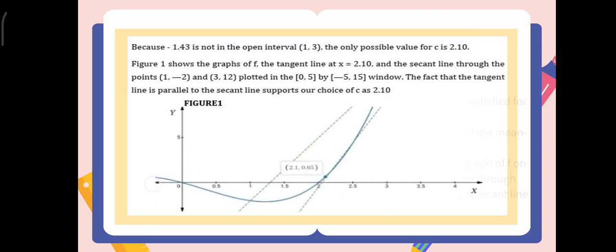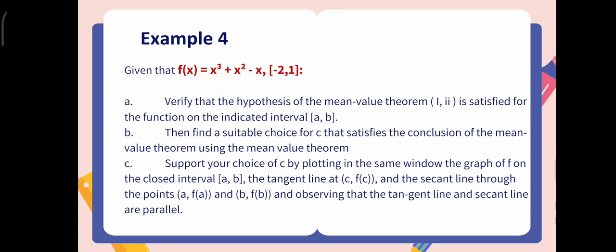So let us have another example to further understand the mean value theorem. What is it again? The mean value theorem tells us that there is a point where the tangent line is parallel to the secant line. So let us have example number 4. f of x is equal to x cubed plus x squared minus x in the closed interval negative 2 and 1.